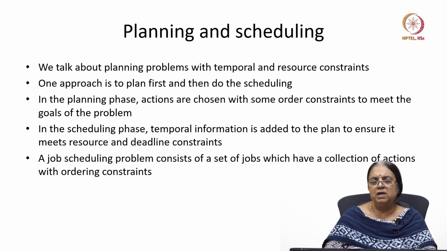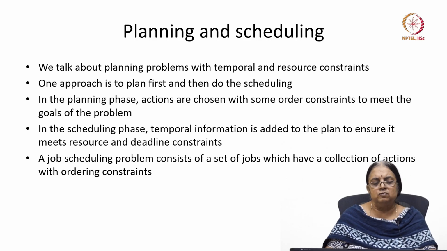So the previous plans which we spoke about basically didn't have all these constraints. They were just simple methods of finding a plan. So one way of going about this is to get a plan and then take into account the time and the resources, etc. So what you do is you plan first, you carry out a simple plan, and then do the scheduling of that plan.